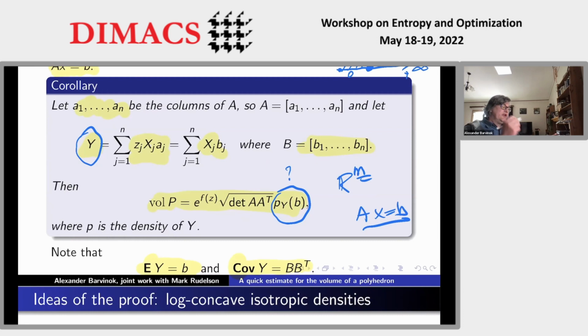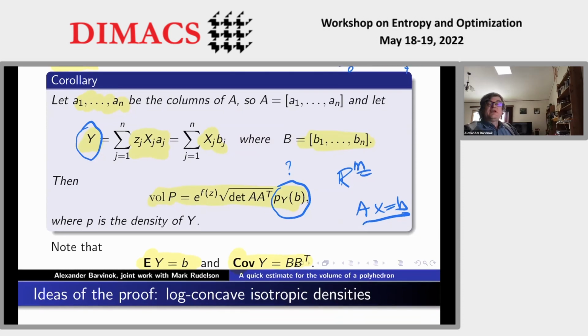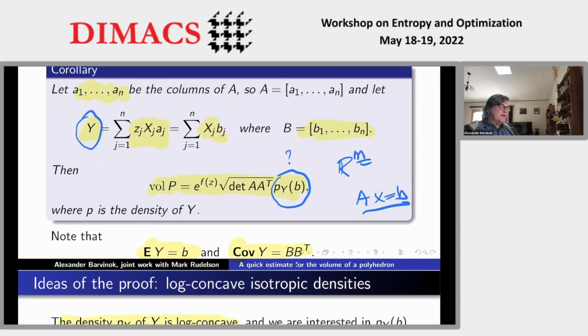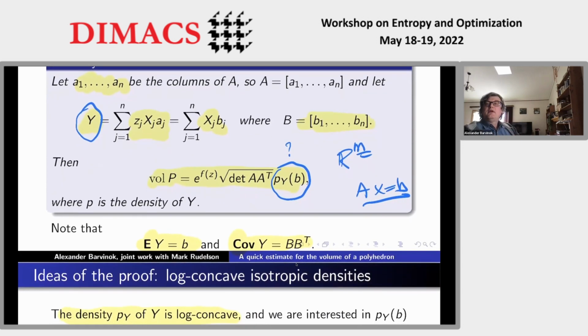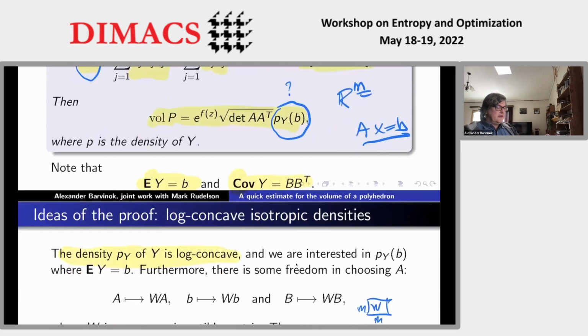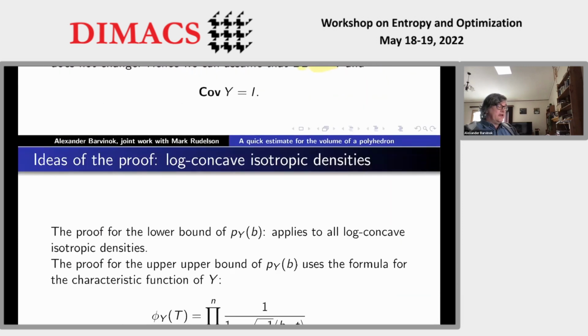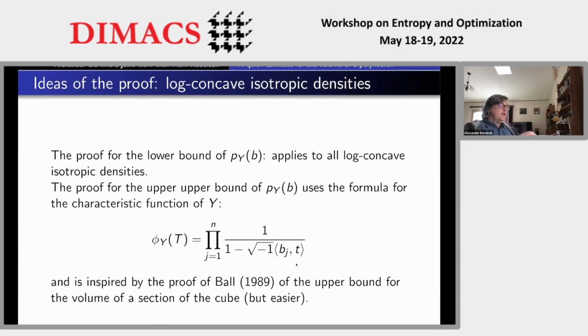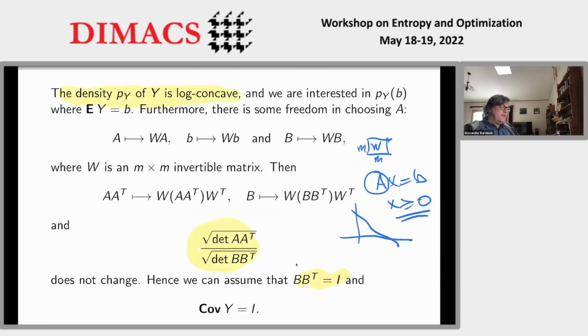So now we want the density of a log concave random variable computed at its expectation, which is isotropic. And that's enough to get this constant to the m, right? And that's basically how we do that. So basically the proof of the lower bound for the volume.